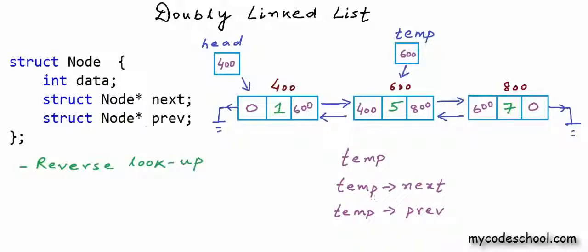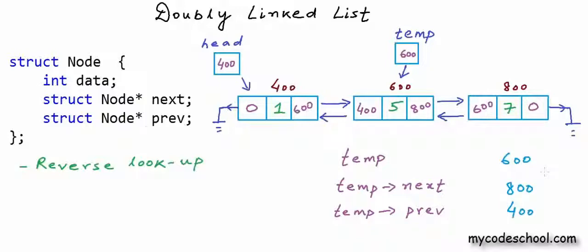It's the address of the next node, and temp arrow prev, which is syntactical sugar for (*temp).prev, is the previous node, or in pure words, pointer to previous node. The value stored in temp for this example right now is 600, temp.next is 800, and temp.prev is 400.